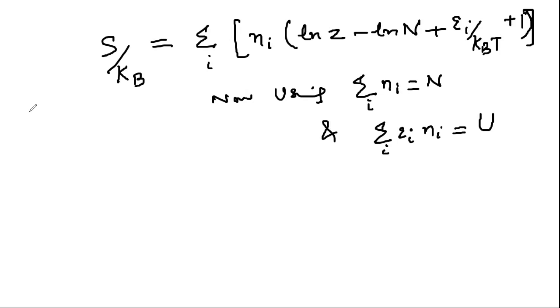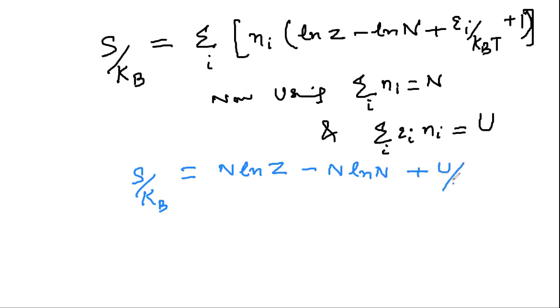Let me use this color. So I will get S by KB is equal to N ln Z minus N ln N plus U by KBT plus N. Let me check it.